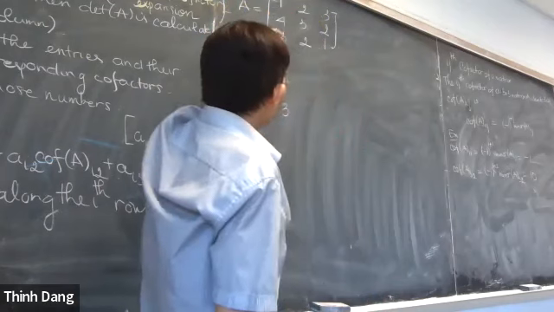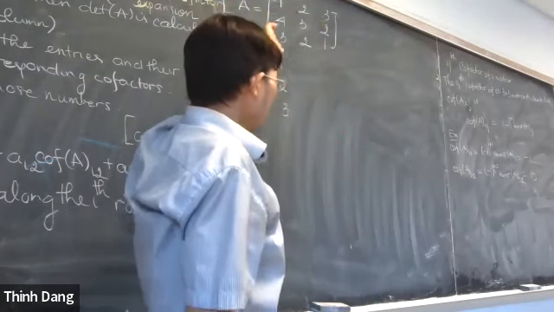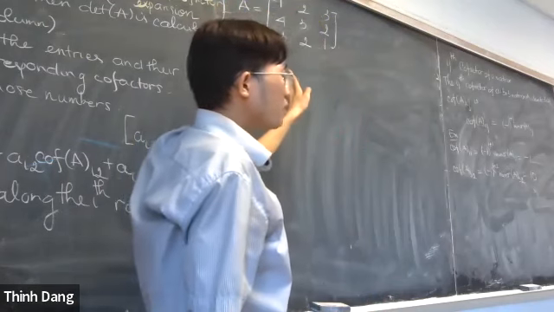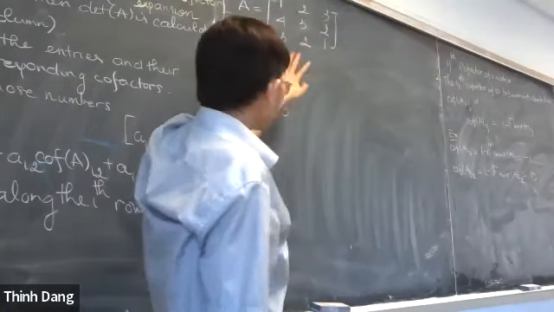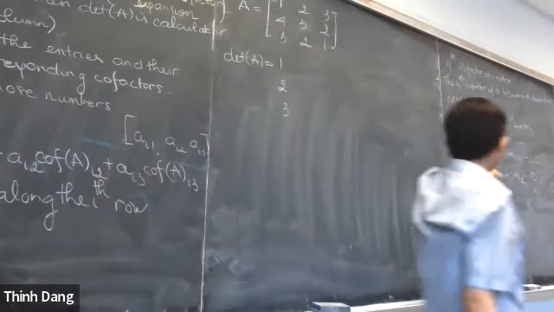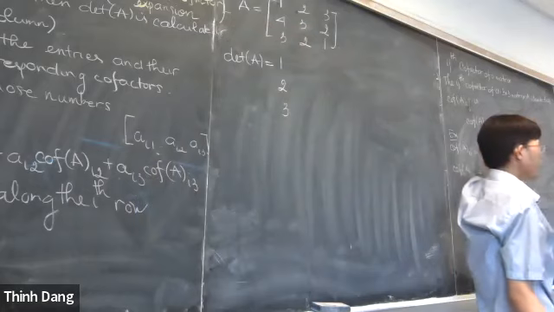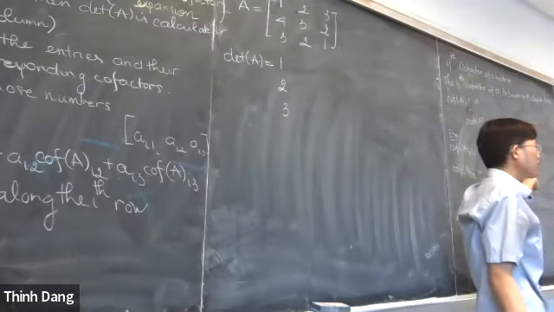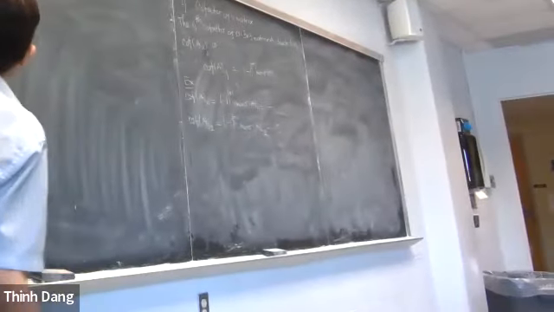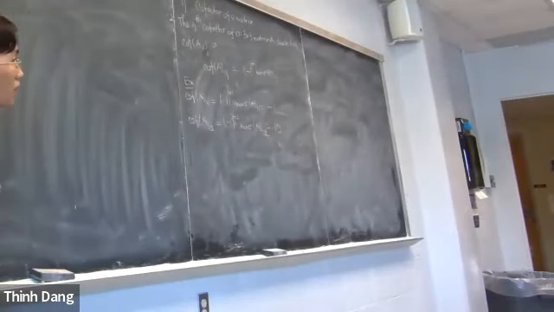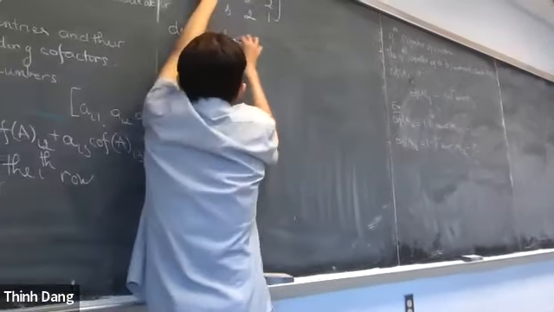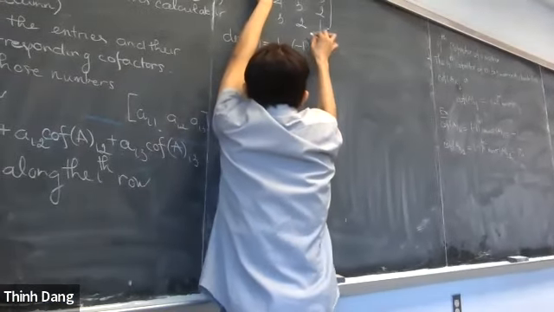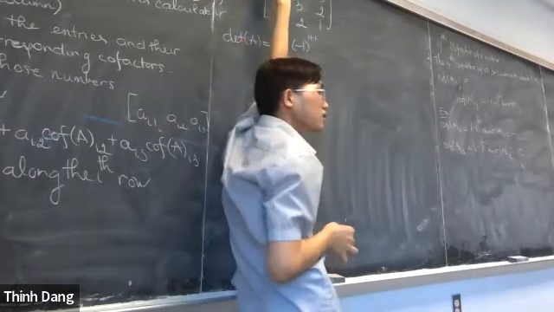I am multiplying these 3 entries with their corresponding cofactor. So what is the cofactor? The cofactor is -1 to the power of i plus j, multiplied by the minor Mij. So this is A11, and I am multiplying that with -1 to the power of 1 plus 1.